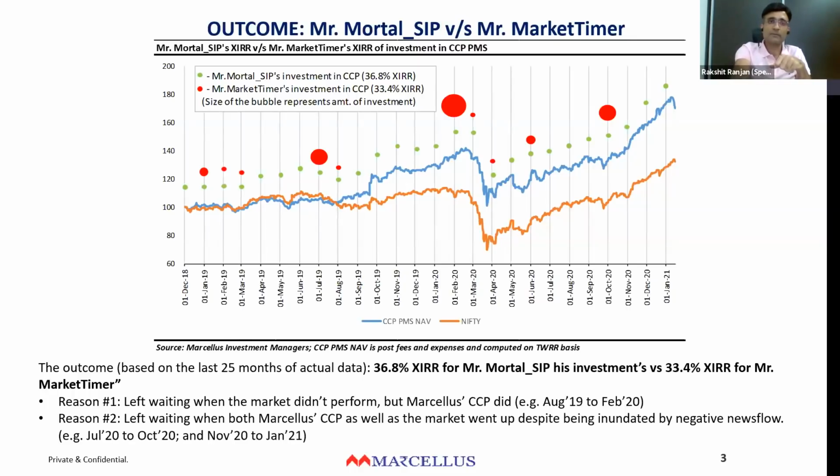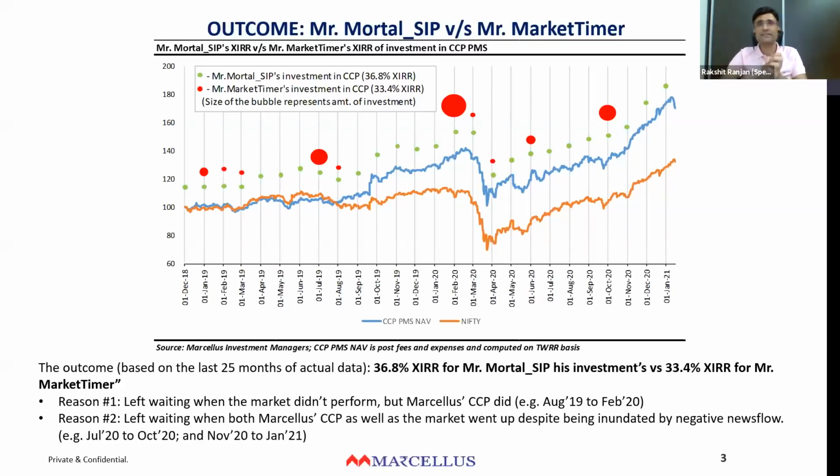The size of the bubble for every month is the same, and every bubble happens on a monthly basis, right? So that's the SIP, 5 lakhs deployed on the 1st of every month. That's what Mr. Mortal is doing. He makes an XIRR of around 37%, right? XIRR obviously is weighted by time and size of the portfolio of the top up.